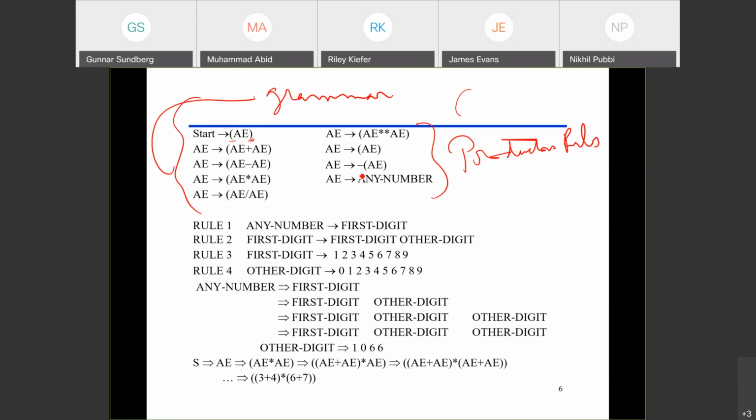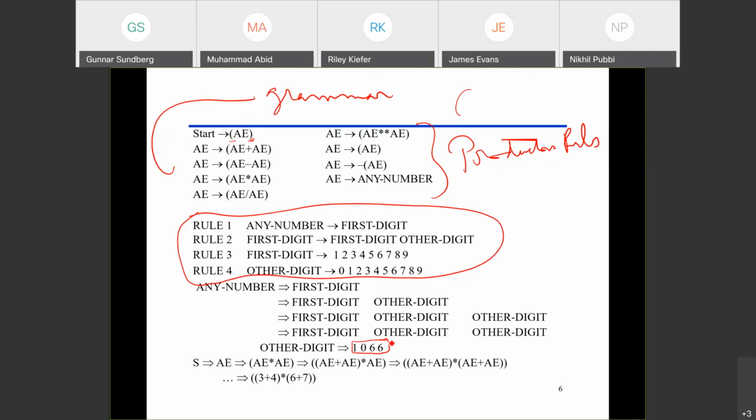From this recursive definition, we generate some rules. We want to figure out whether 1066 is any number or not, and it has four digits. Whenever you want to parse something, you should have a target sentence in front of you and use production rules to generate that target sentence.